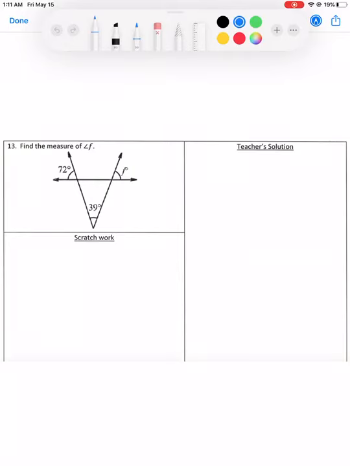And finally, for number 13, we have a different type of problem where we need to deduce angles in a path from beginning to end. So I need to end up with finding measure of angle F. This is my end here. I have 72 degrees here, 39 here. I have properties available to me: vertical angles, angles on the triangle, angles on a line, and so on.